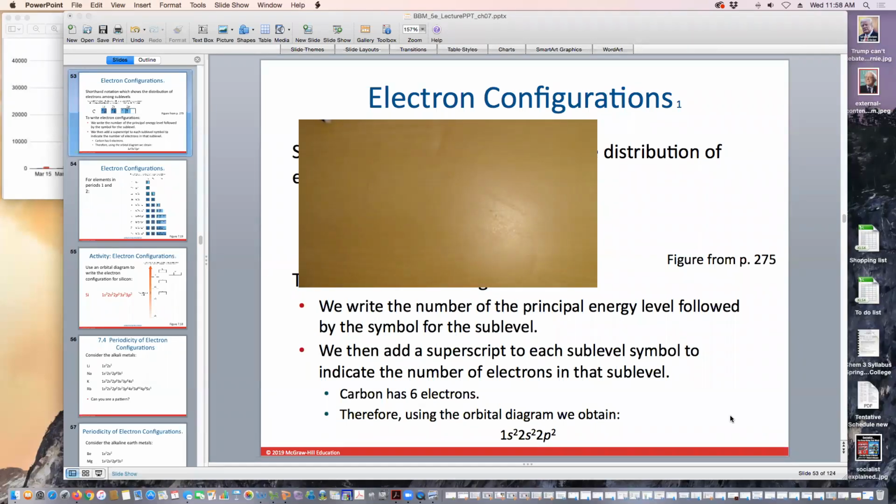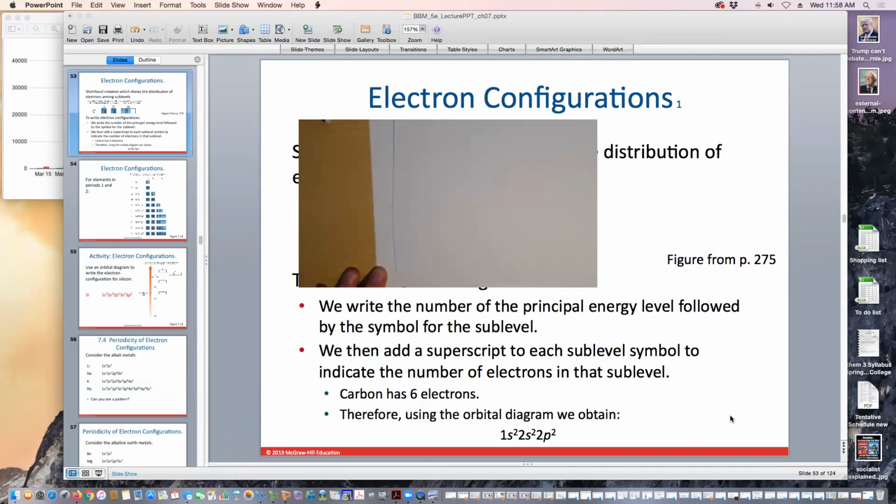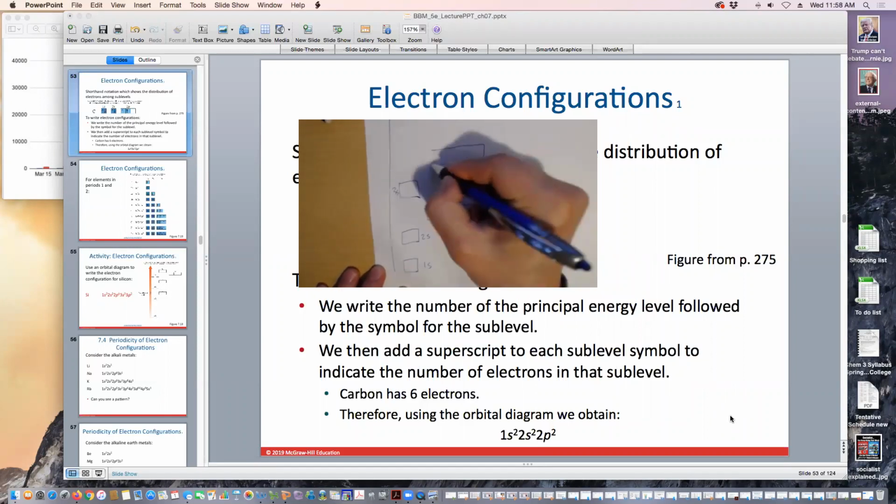So there's this pattern of filling. So again, in terms of energy, we have the 1s and the 2s and the 2p and the 3s and the 3p.